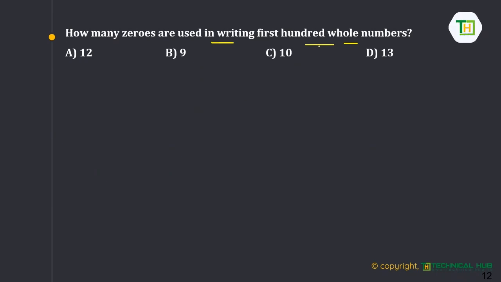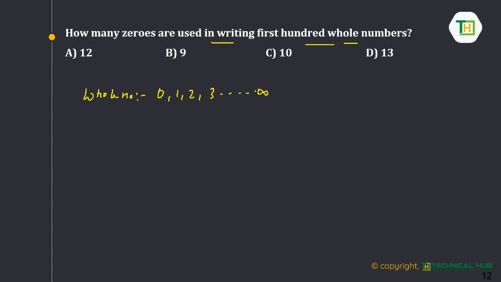So how many zeros are used in writing first 100 whole numbers? What is the definition of the whole number? So whole numbers start with 0: 0, 1, 2, 3, and so on up to infinity.